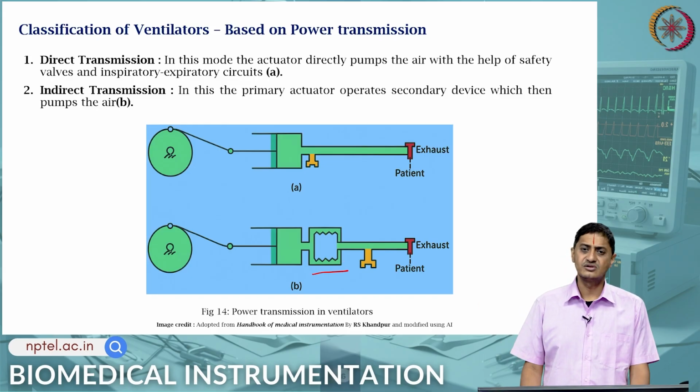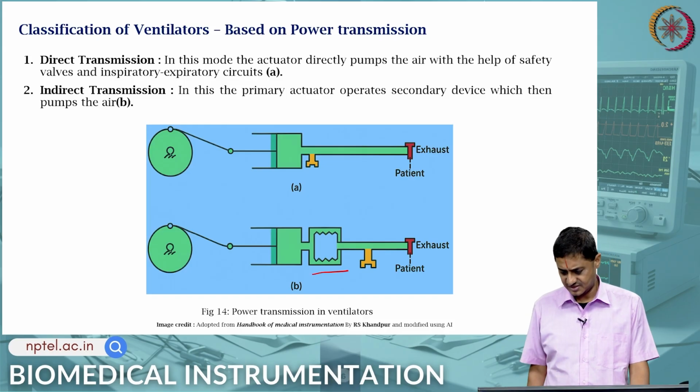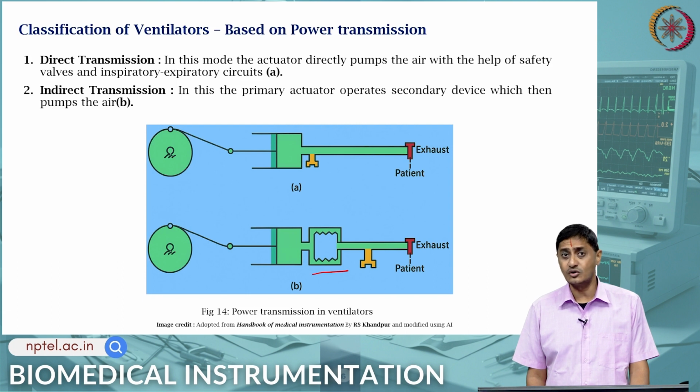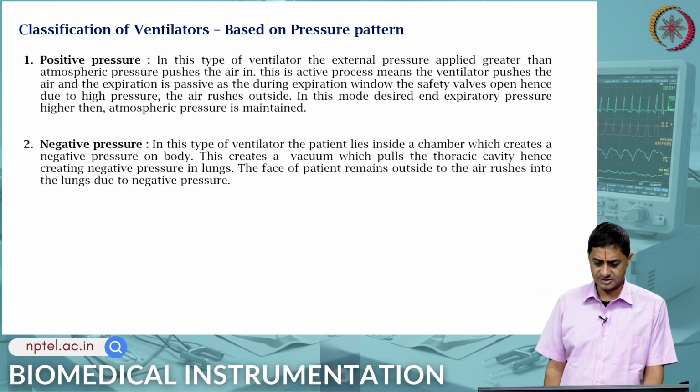These are two different types of power transmission based classification. One is direct and the other one is indirect. Recall that there is also electrical and mechanical or pneumatic, or a combination of the two. Electrically controlled pneumatic actuation is another possibility.